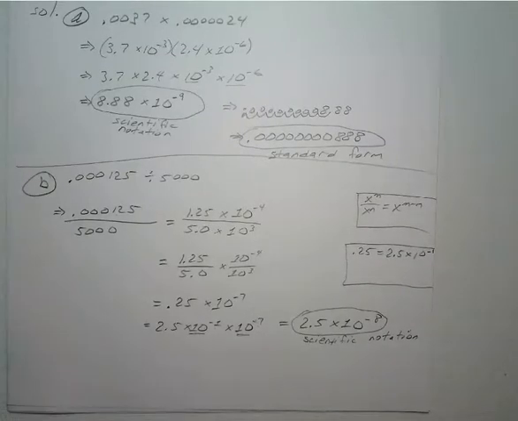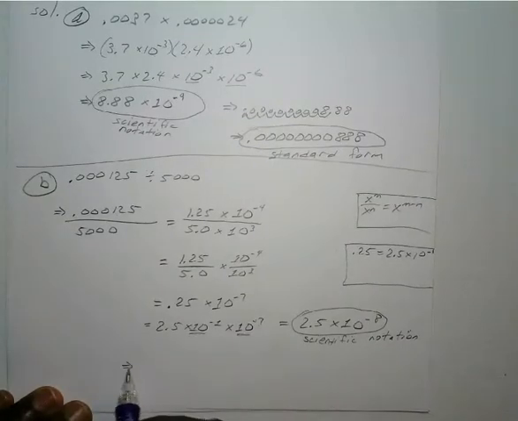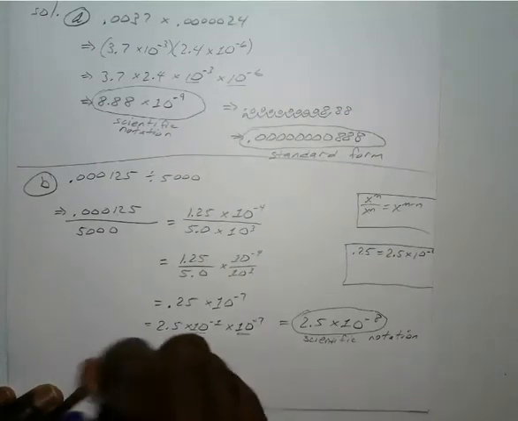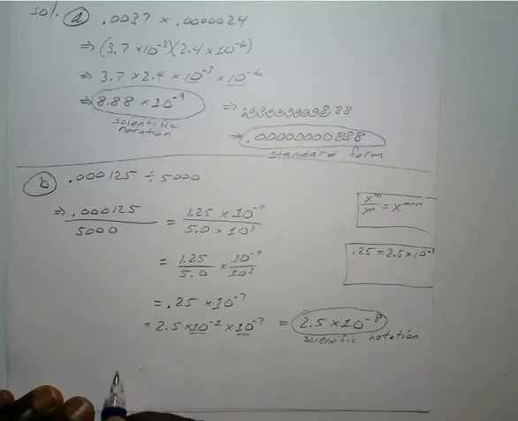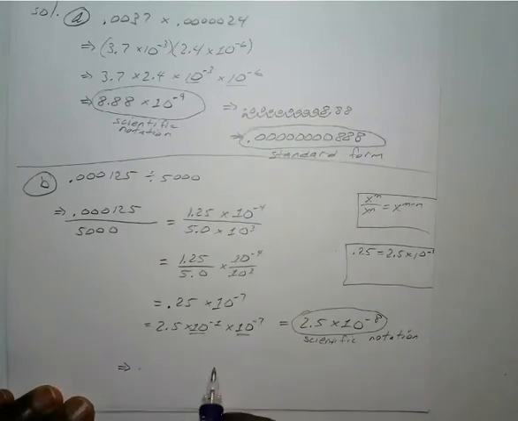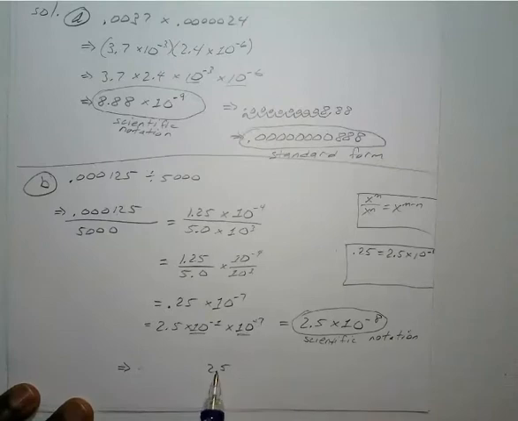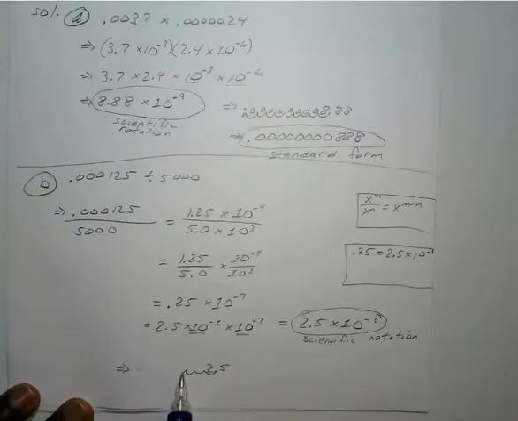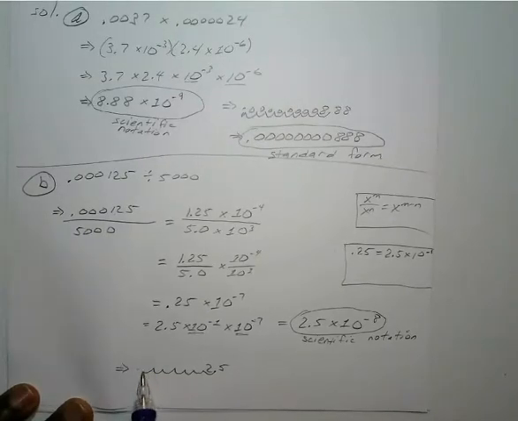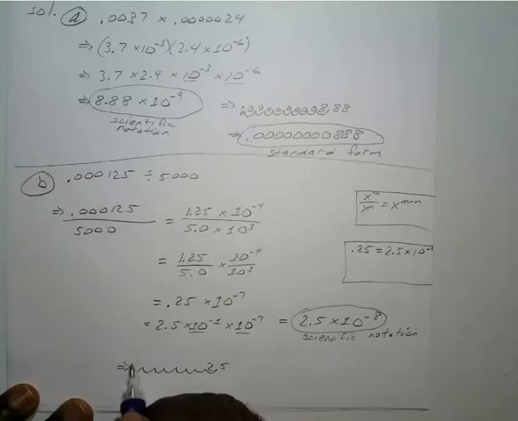Now for your standard form, we're just going to move that decimal to the left. Give that a little more space since we're going to be moving it to the left. So we have 2.5, and we're going to move that decimal to the left 1, 2, 3, 4, 5, 6, 7, 8 spaces.